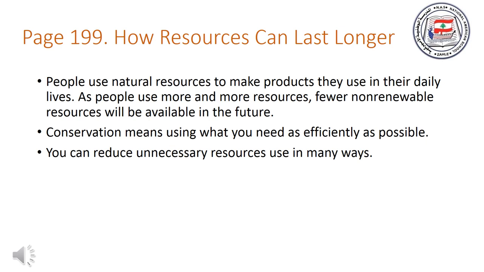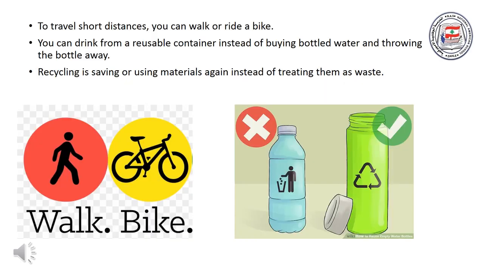You can reduce unnecessary resource use in many ways. These are examples of how you can reduce unnecessary resource use. To travel short distances, you can walk or ride a bike. This not only reduces the use of non-renewable resources, it also saves nature from pollution.